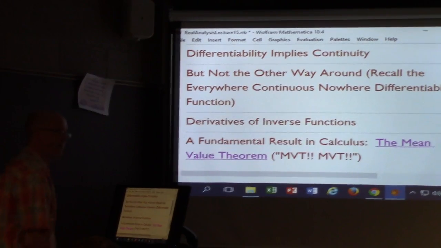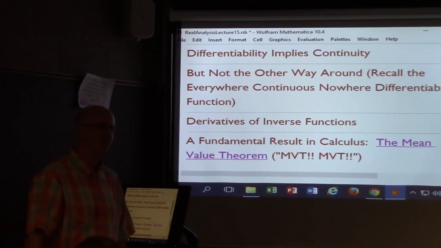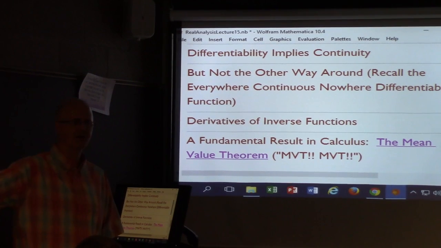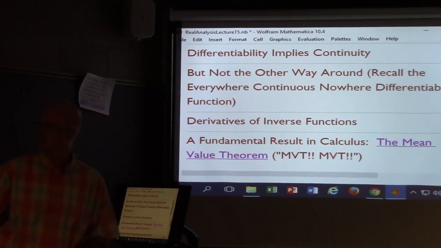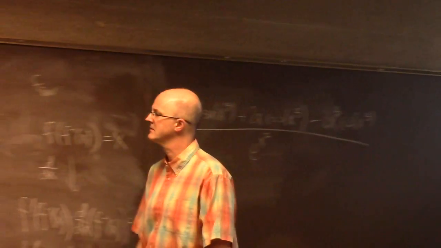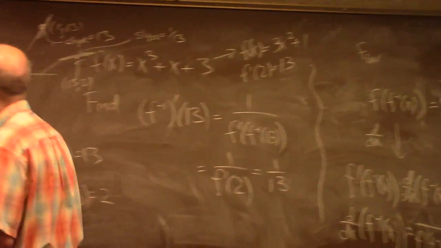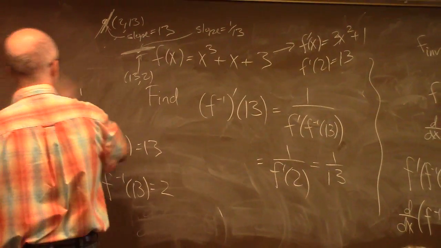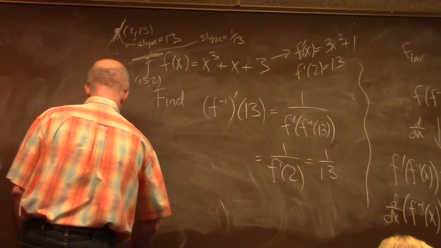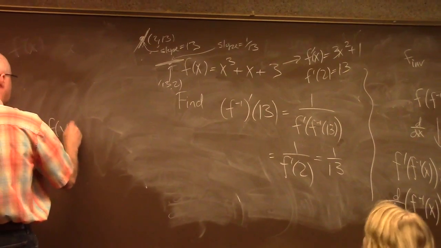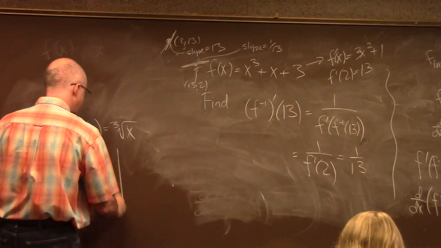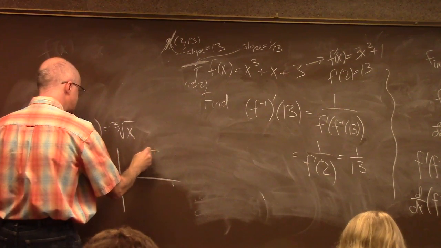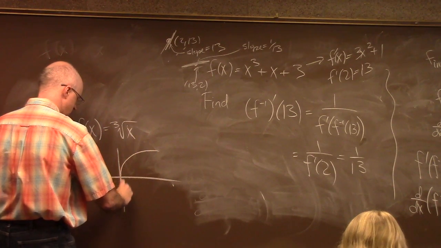You also want to be careful with functions like the square root of x, where the tangent line is vertical, even if they're defined everywhere. For example, the cube root function. Technically, that's defined everywhere. It's even continuous everywhere.